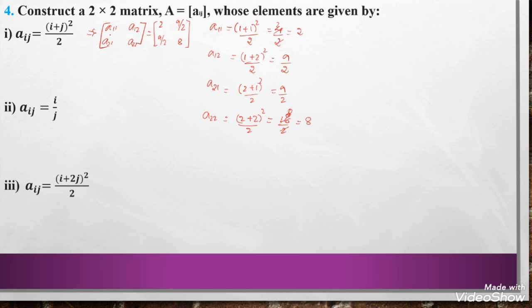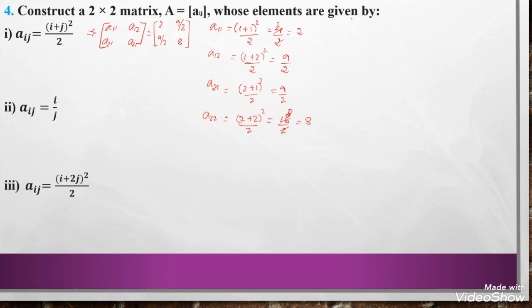In general, for the construction, first we have to write the matrix form based on the order. After that, based on the position, we find the elements and then write them in the matrix.